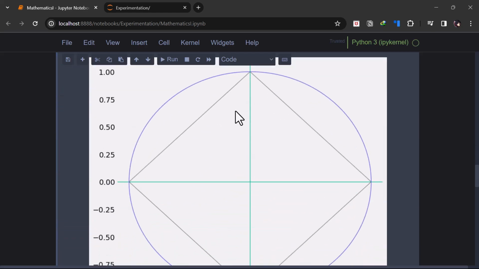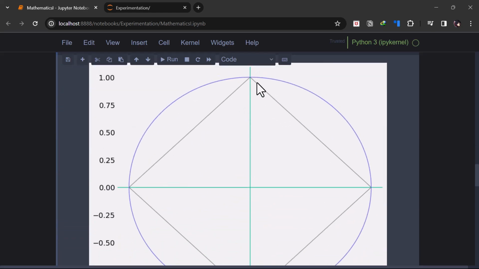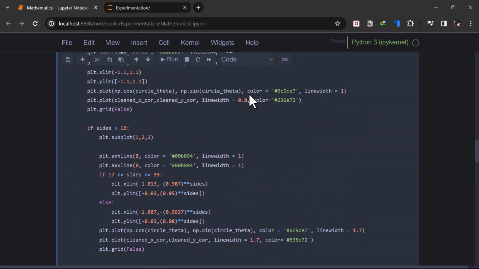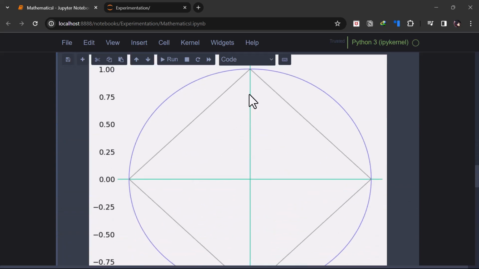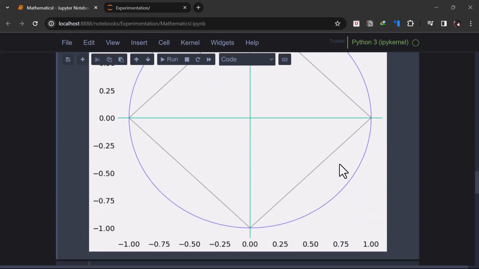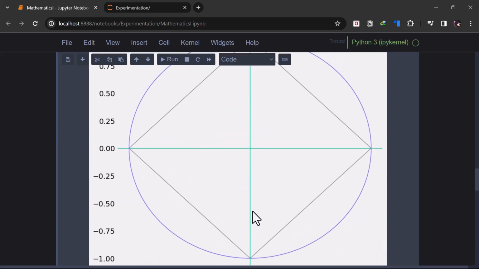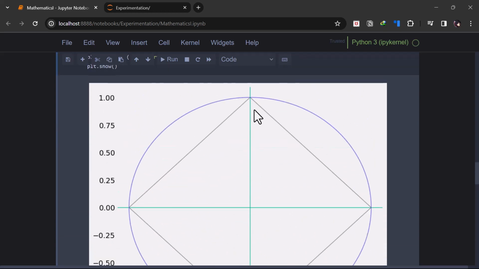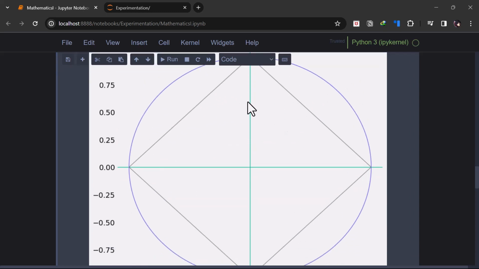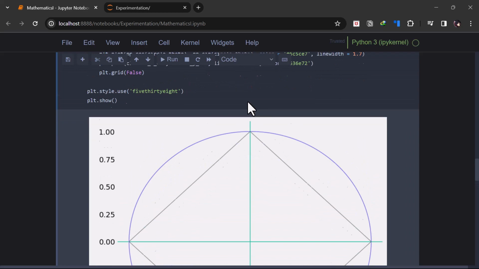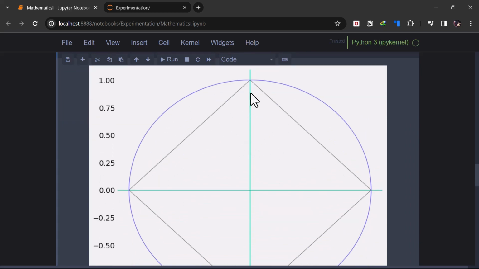So what it does is, if you supply it with the coordinates, it just joins all the coordinates with a line. That is the reason why we have calculated only the vertices, the intersection points of our regular polygon, and the rest is done by matplotlib, which connects all the vertices by a straight line.